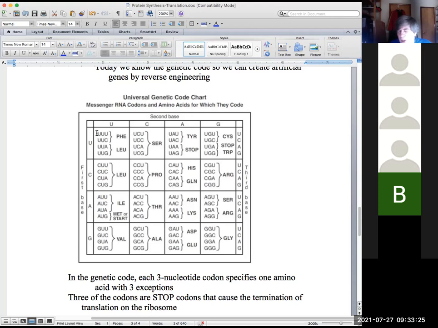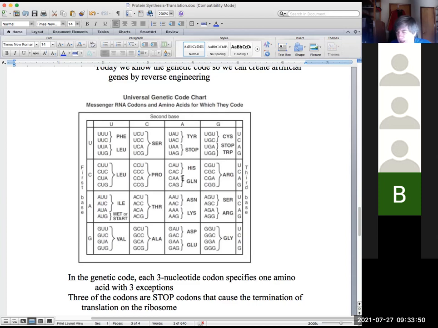First of all, if we look at one codon like UUU, a codon only stands for one amino acid. A codon never stands for 2 amino acids because that would be ambiguous. Which amino acid would go into the protein? So if we have CCU, we're always going to put an amino acid abbreviated proline in that spot.